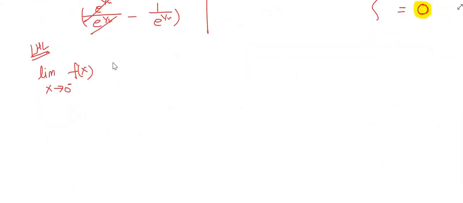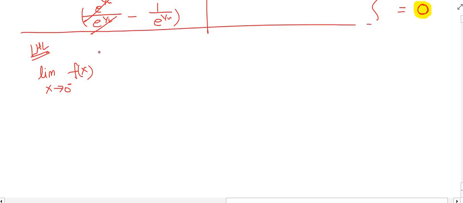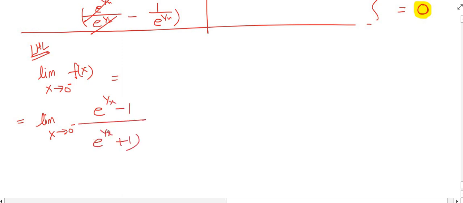So let me write it down: limit x tending to 0 minus, and the function is (e raised to power 1 by x minus 1) by (e raised to power 1 by x plus 1).